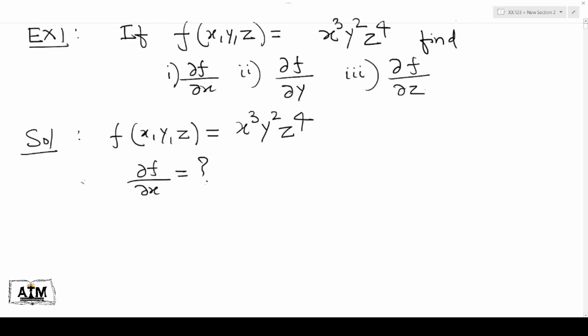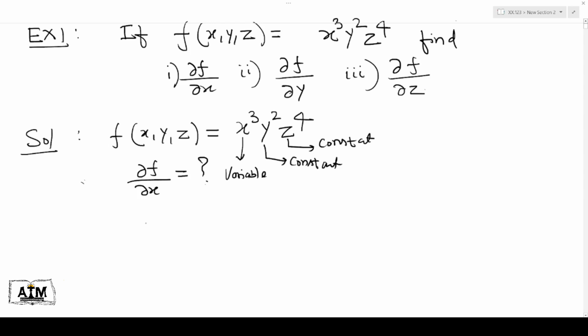When we are finding the partial derivative with respect to x, we consider x as the only variable and y as a constant. All y terms are constant and all z terms are constant.